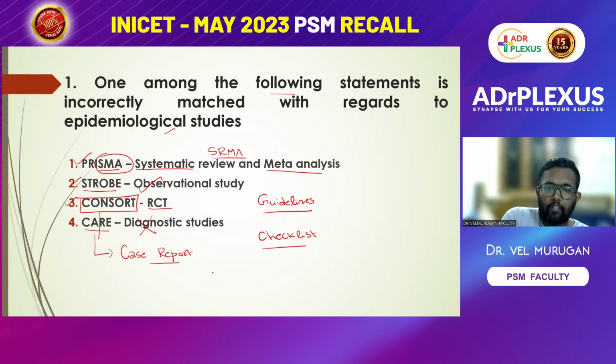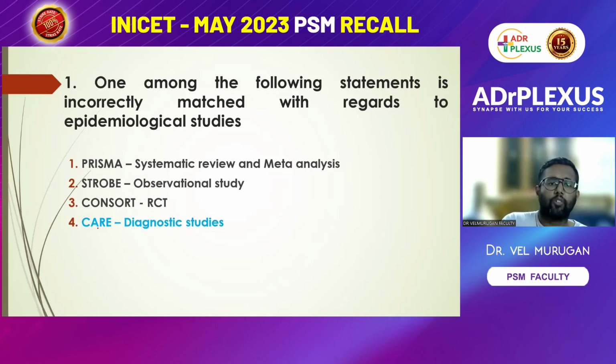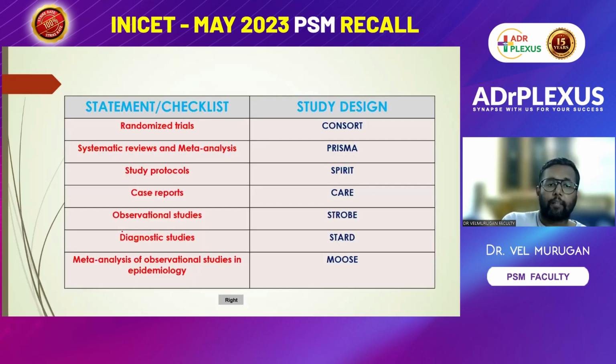For example, the first case of COVID-19 that came into the world, or a new onset disease first seen in China, will be described with the help of a case report. How to write the case report? We have a guideline called CARE guidelines. It is not for diagnostic studies. So this is wrongly matched because CARE stands for case reports.